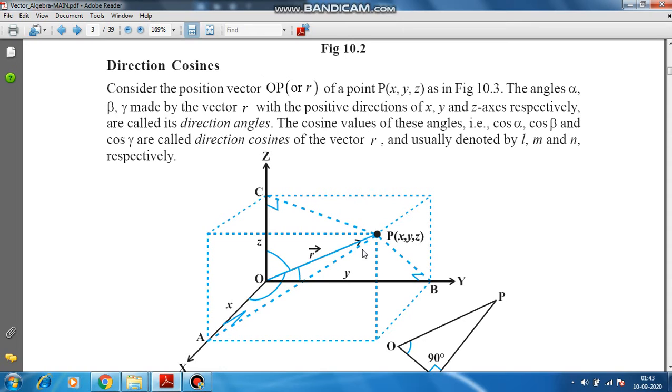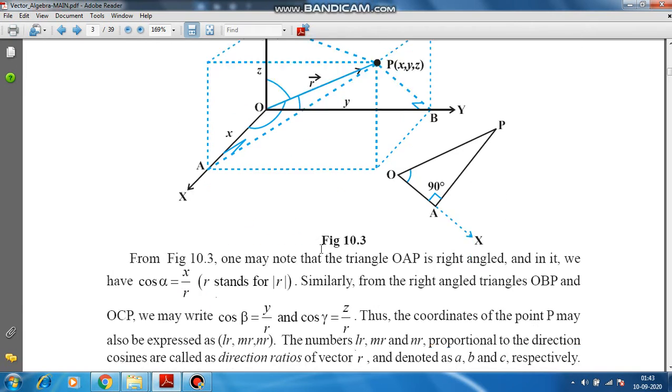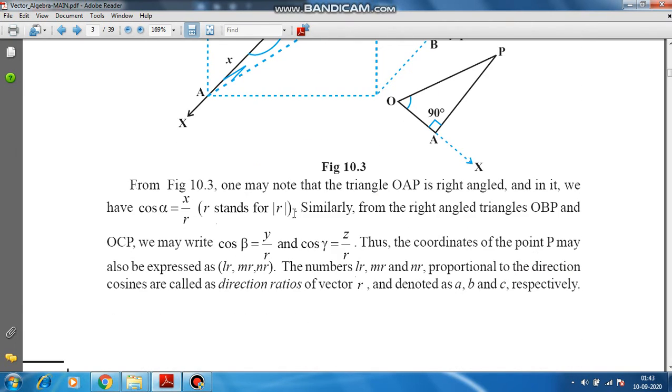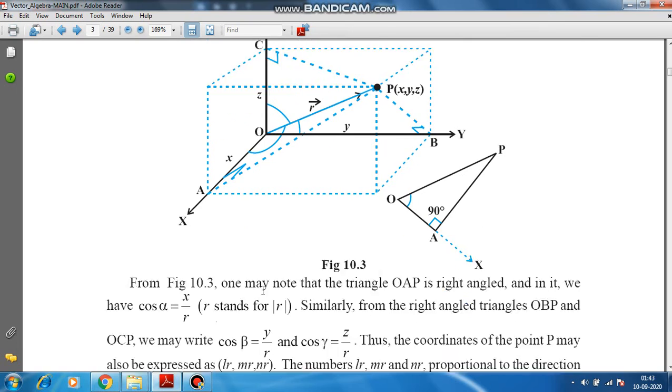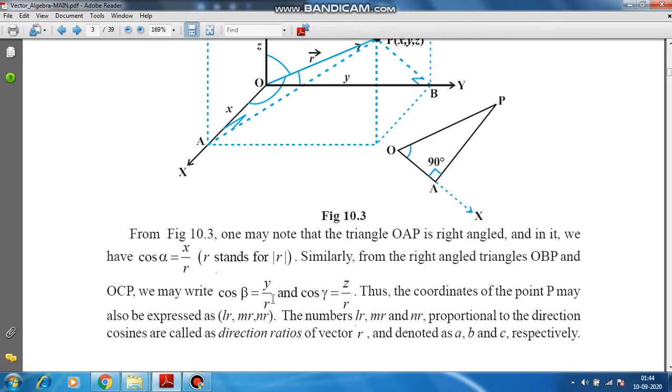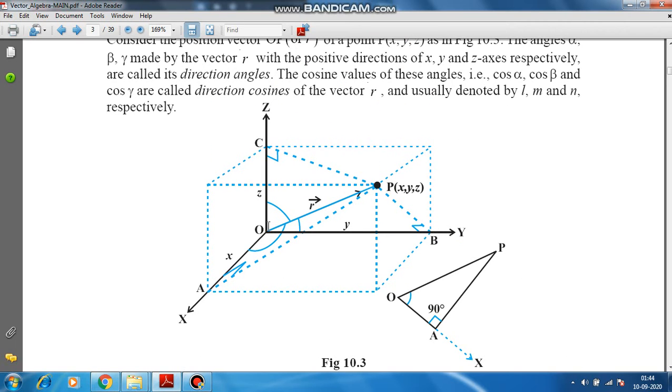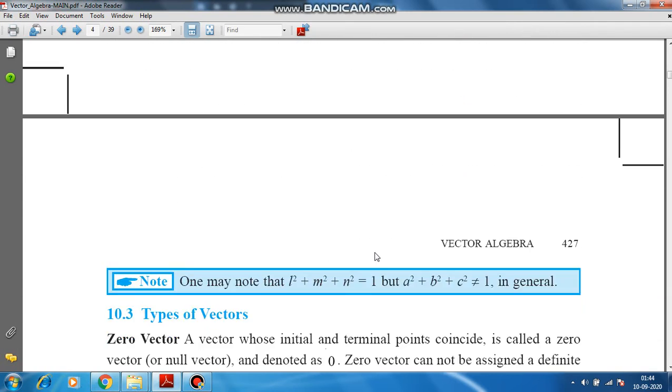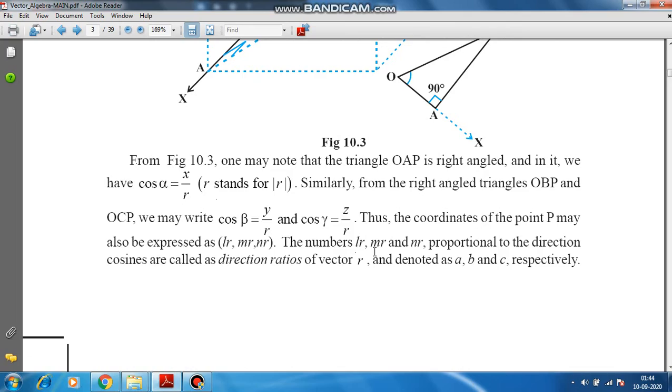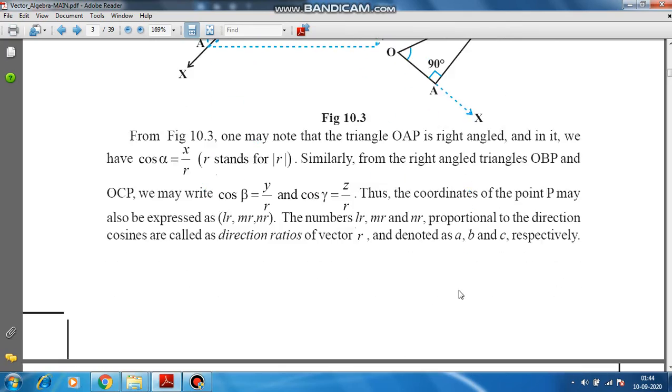Then the direction cosines of R are given by x by R, y by R, and z by R, where R means the magnitude of R. That is, if the magnitude of the OP vector is R, then the direction cosines of this vector are x by R, y by R, and z by R. These are the direction cosines, and the direction ratios are x, y, z.